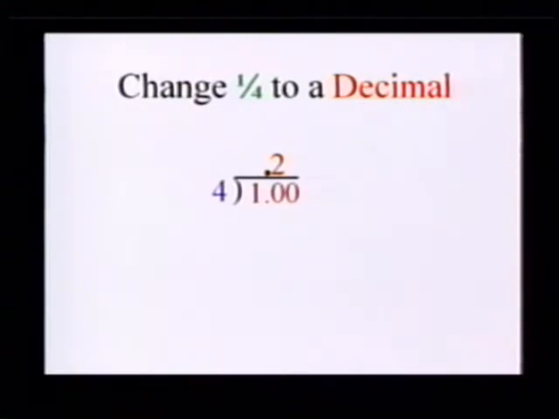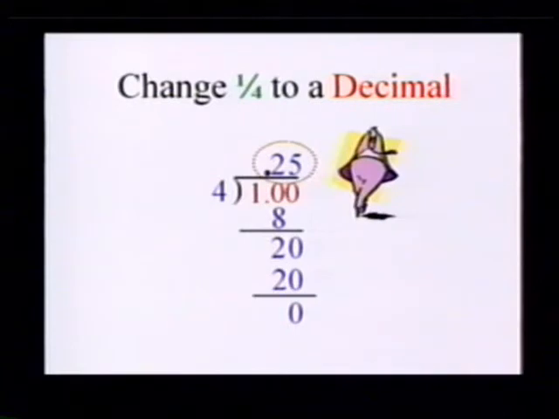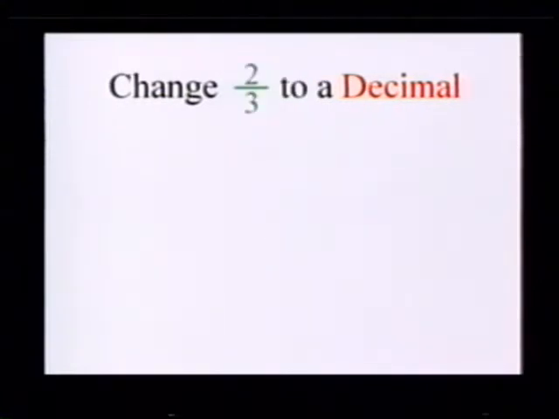So we estimate, multiply, and subtract, just like before. Okay, let's bring down the next digit. Estimate, multiply, and subtract. I'd bring down the next digit, but it came out to 0. So I got myself an answer.